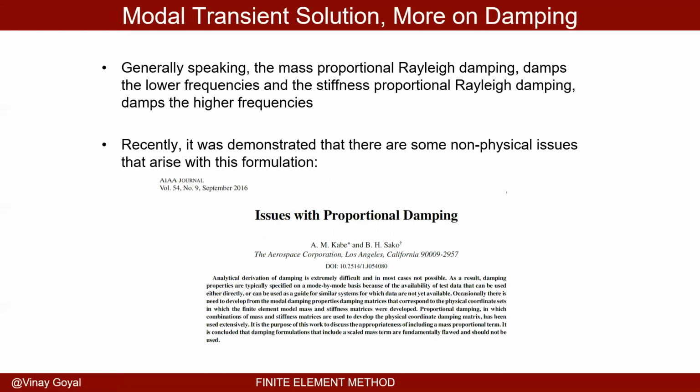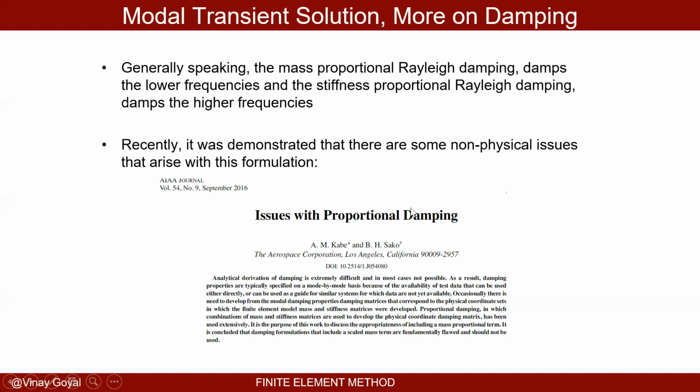Generally speaking, this last approach, which is also called the mass proportional Rayleigh damping, damps the lower frequencies, and the stiffness proportional Rayleigh damping damps the higher frequencies. So it has been demonstrated that this can be conducive to non-physical issues that arise with this formulation.